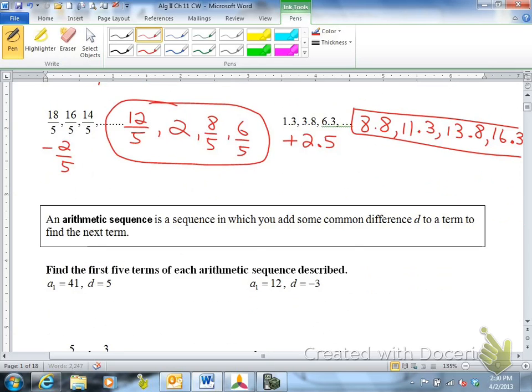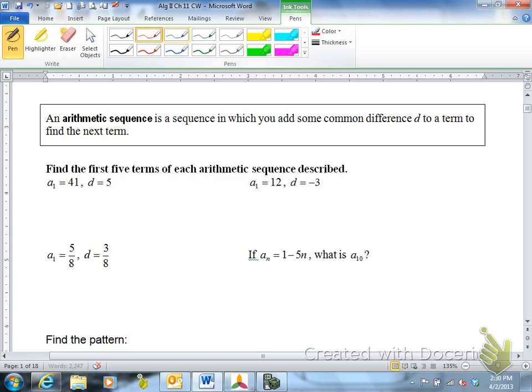Here's a definition of an arithmetic sequence. An arithmetic sequence is a sequence in which you add or subtract some constant difference d.